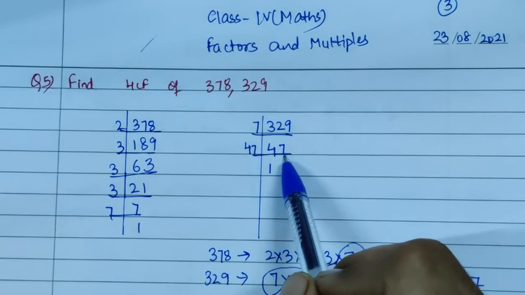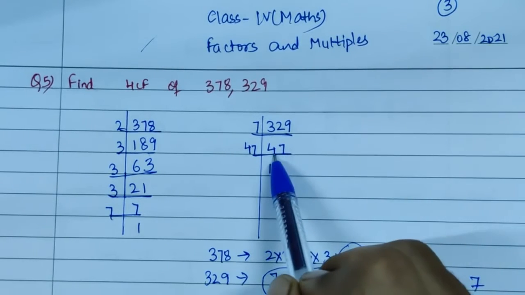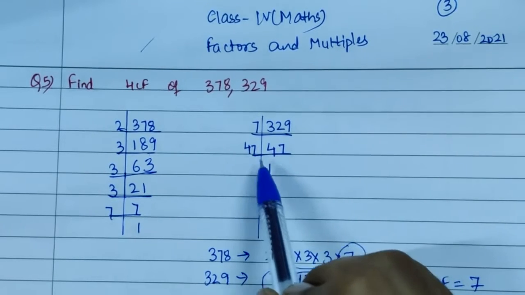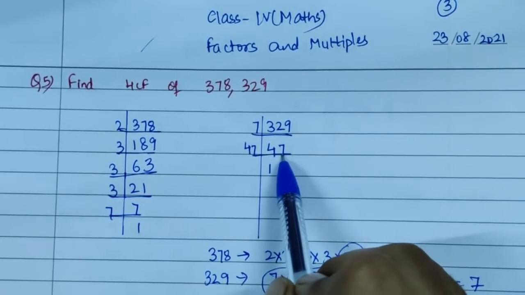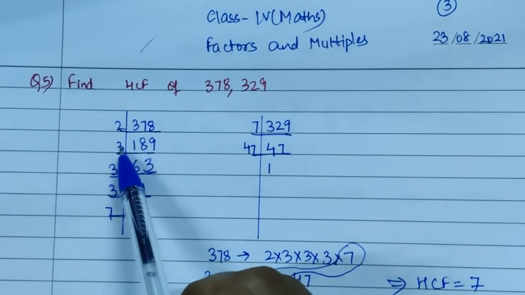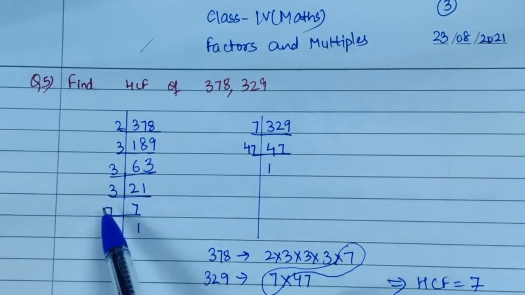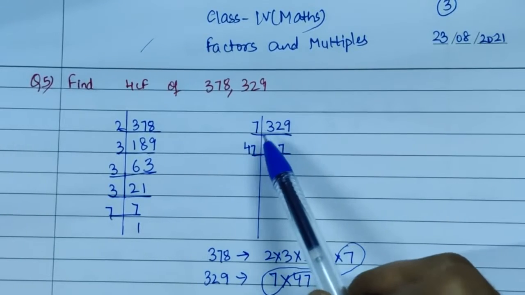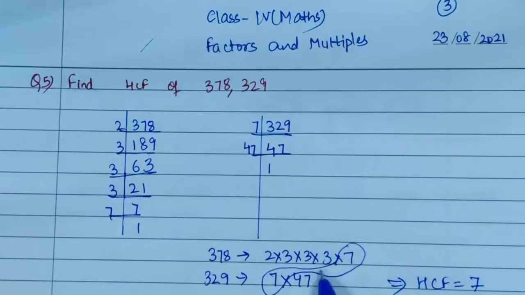So we get 47 here. 47 is a prime number, which means it comes in its own table only. So 47 into 1 is 47. Now 378 can be written as 2 into 3 into 3 into 3 into 7, and 329 can be written as 7 into 47. Now which is the common factor? Only 7.